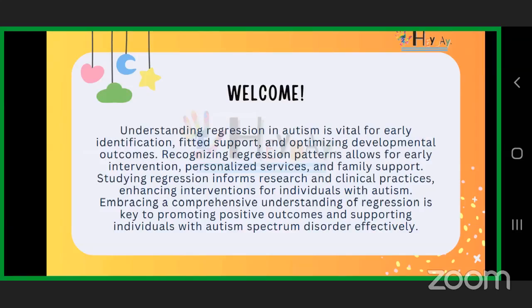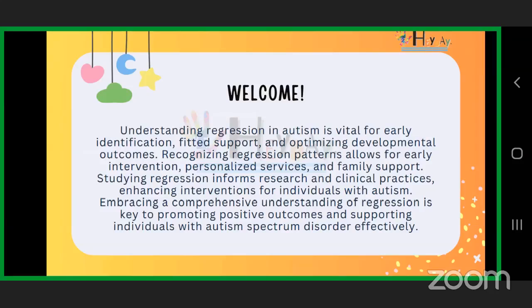Studying regression informs research and clinical practices, also enhancing intervention for individuals with autism. Embracing a comprehensive understanding of autism is key to promoting positive outcomes and supporting individuals with autism spectrum disorder effectively.